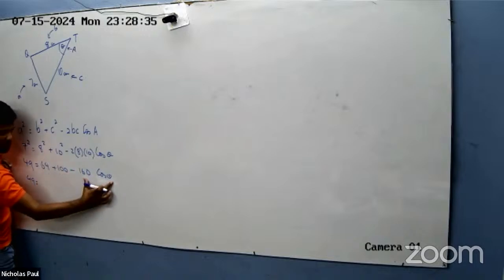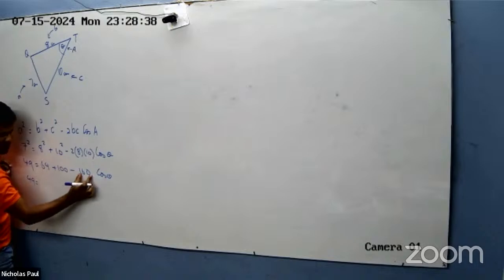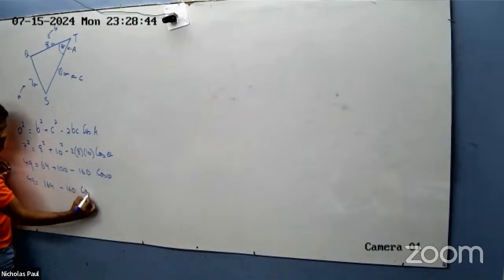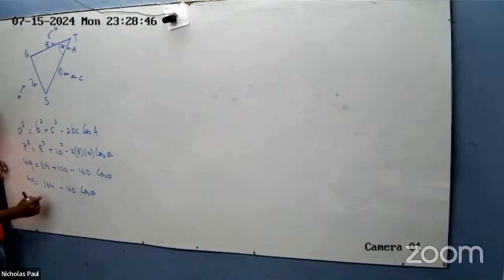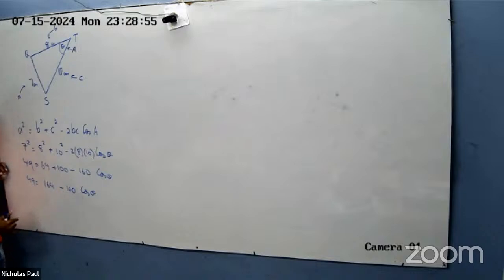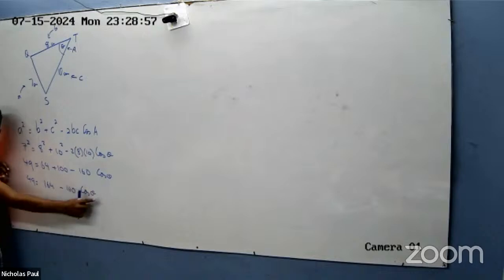This is one term, so you can't subtract this alone from this, right? So this is 164 minus 160 cosine theta. We are trying to make theta the subject of the formula. So I'm going to move this here and the 49 here. That's okay? This whole thing is one term, right?